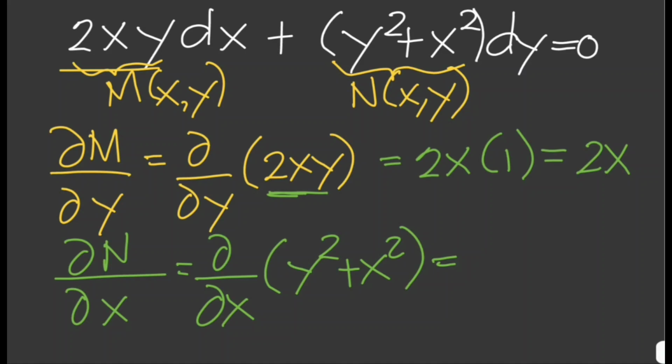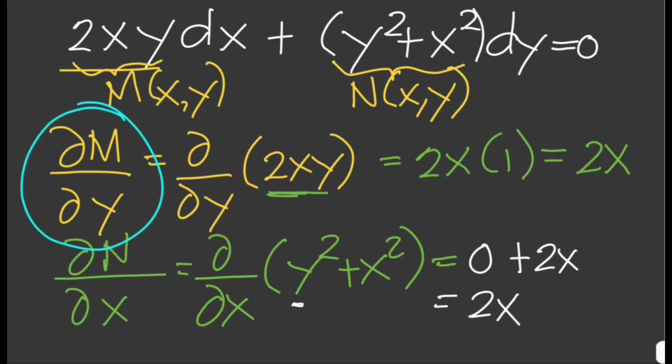In this case, we are differentiating function N with respect to x, so all of the terms other than x are considered constants, so y is a constant. The derivative of y squared is 0, since the derivative of a constant is 0, plus the derivative of x squared, which is just 2x. So this is equivalent to 2x.